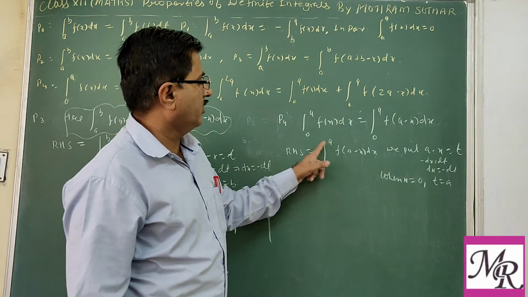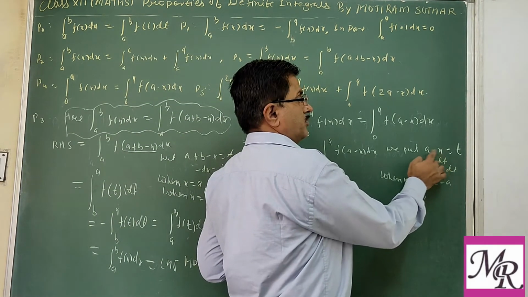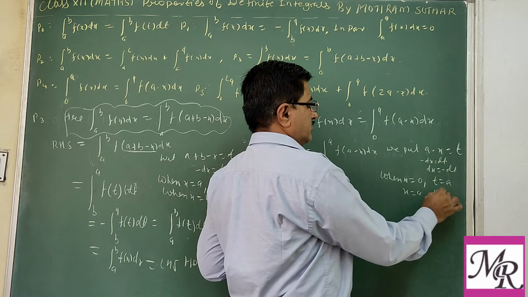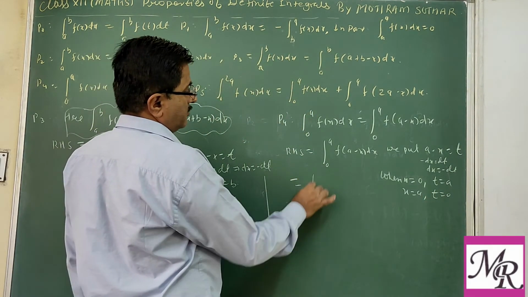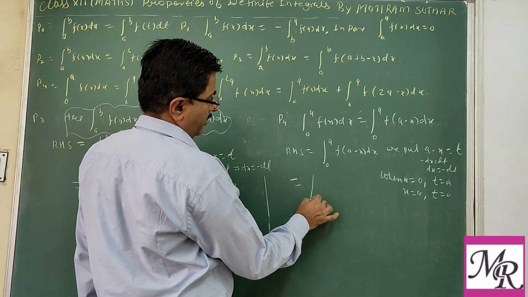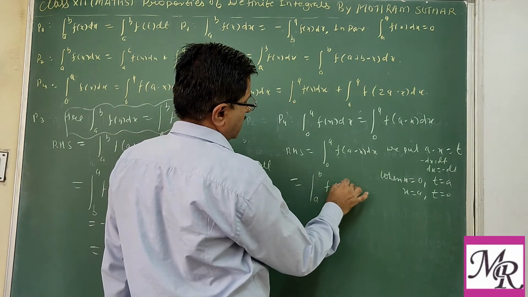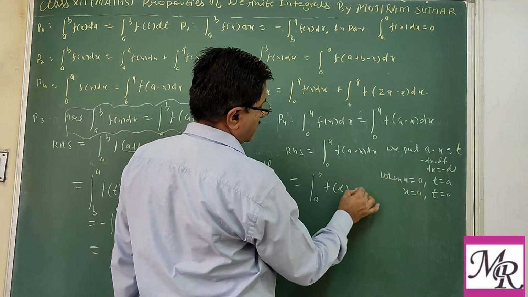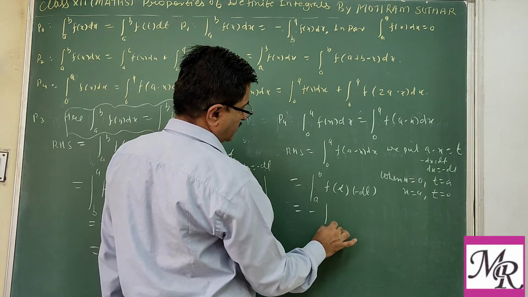When x equal to a, for t, a minus a, so t is 0. So you can write this limit as a to 0. Now f of a minus x as t and dx as minus dt. So minus you take outside.